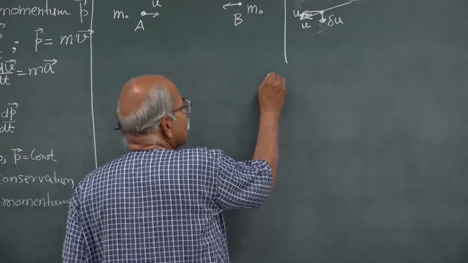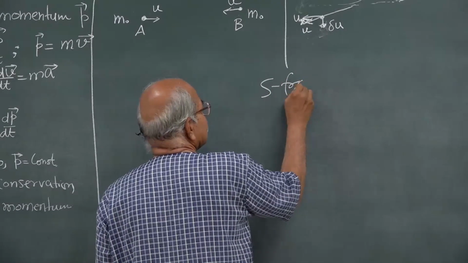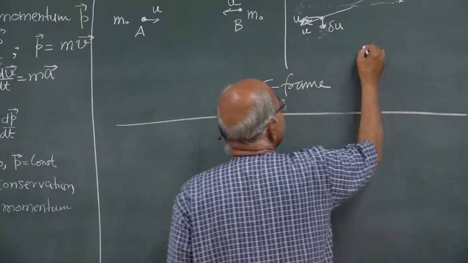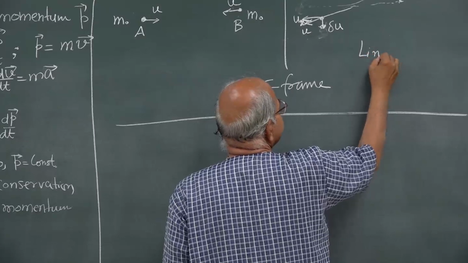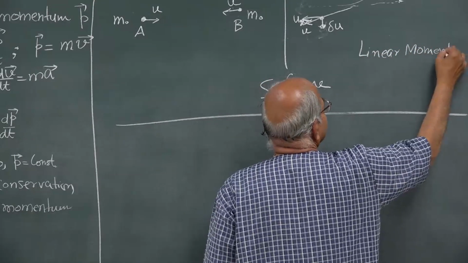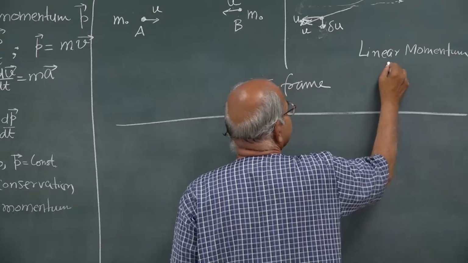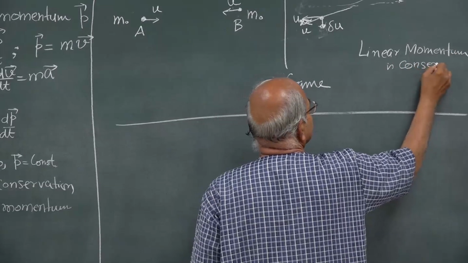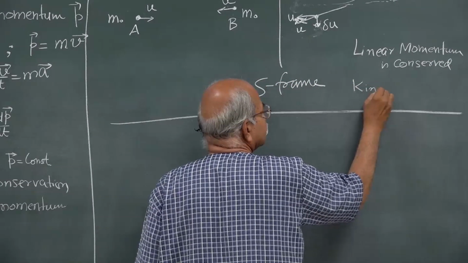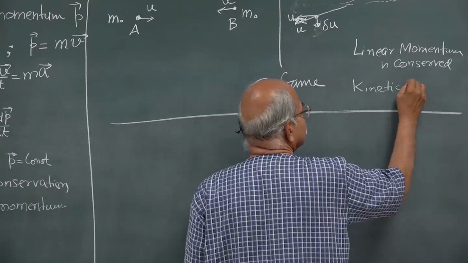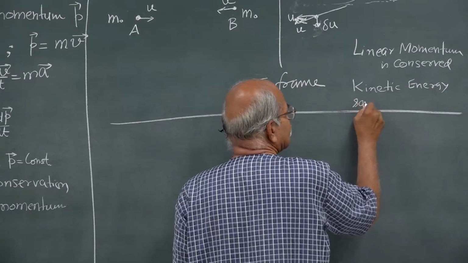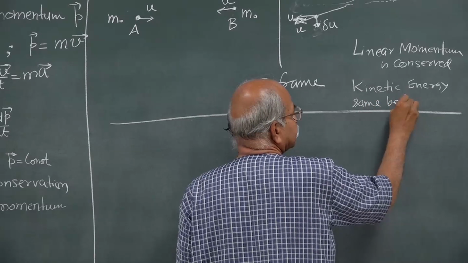Now, this is from our lab frame, say the S frame. So, in this frame, linear momentum is conserved and kinetic energy is also the same before and after collision.